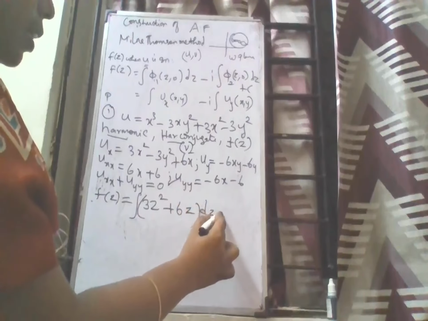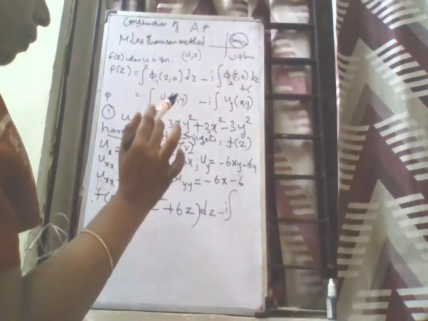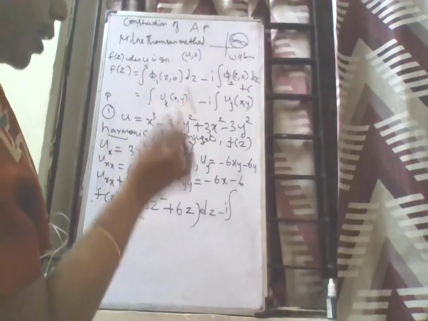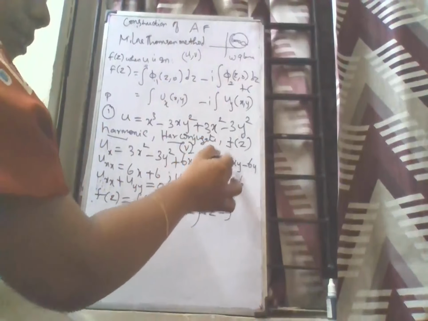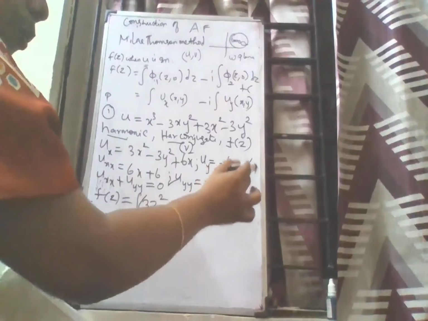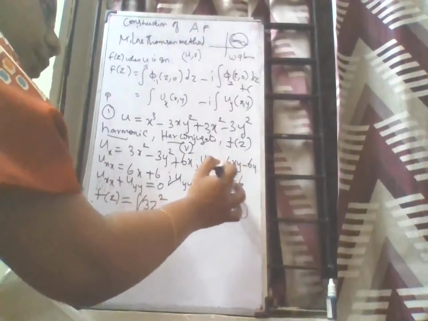Minus i into the integral of phi 2. Wherever uy comes, x is z, y is 0. The same thing. Where uy occurs here, x is z and y is 0. So uy does not exist, it is 0, because y is 0. You agree? Here also substitute y as 0, so it becomes totally 0.